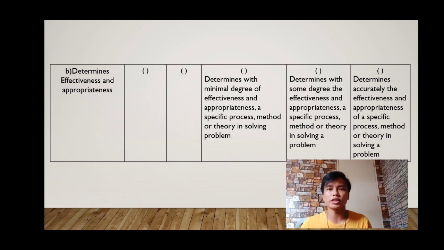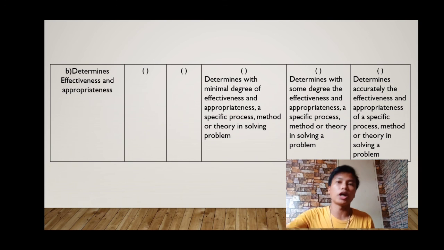An example of this is when the students can see a formula or principle, and he or she can accurately determine the effectiveness and appropriateness of this, or can be sure enough that the effectiveness of some principle or formula is good enough to solve the problem or process of what he wants to answer.